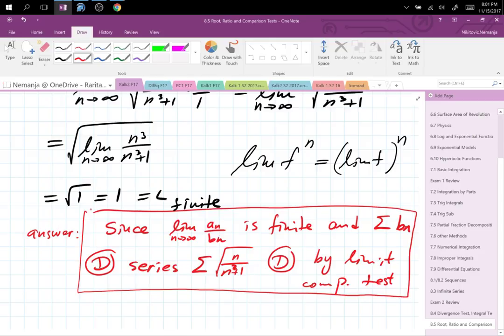Before I close out this lecture, it's time for advice on passing the next exam. The homework in a textbook is displayed in the standard format, where you have 10 problems for ratio, 10 problems for root, 10 problems for comparison tests. This is the homework in 8.5.